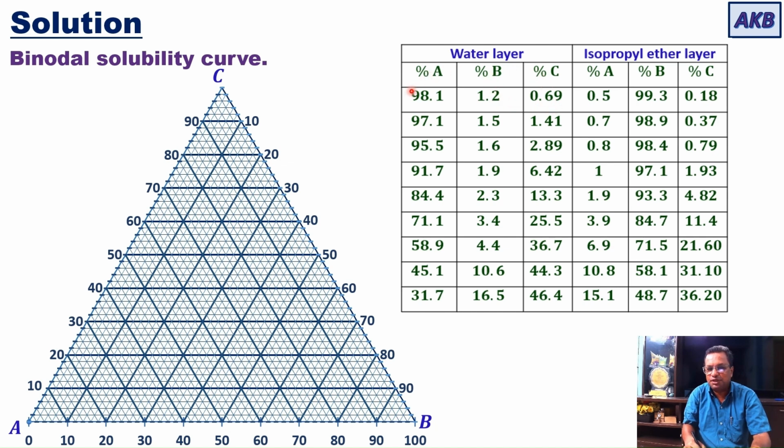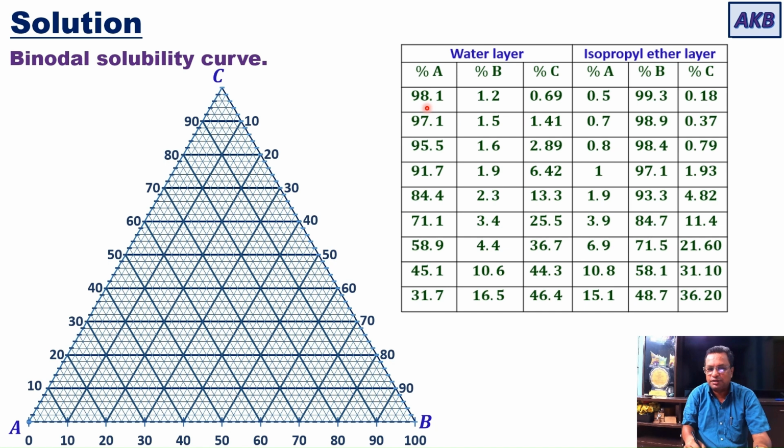So this mixture in the water rich layer is in equilibrium with a mixture that is containing 0.5% of A, 99.3% of B and 0.18% of C in the isopropyl ether rich layer. So let us simultaneously plot those 2 points.